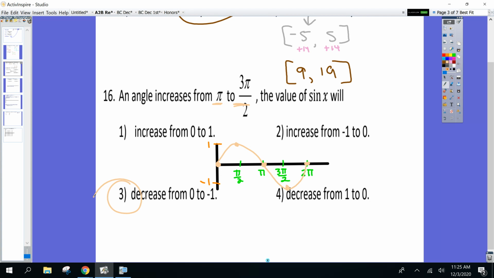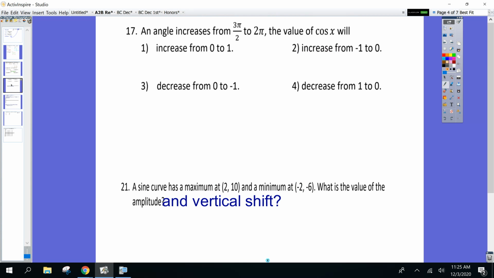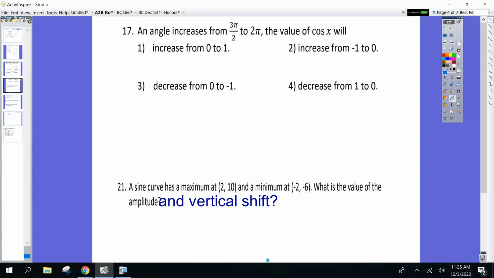Are we okay there? All right, I'm going to ask the same question in 17, except now I want to go cosine on you. Same question on 17, going cosine. So can you sketch a quick cosine curve?